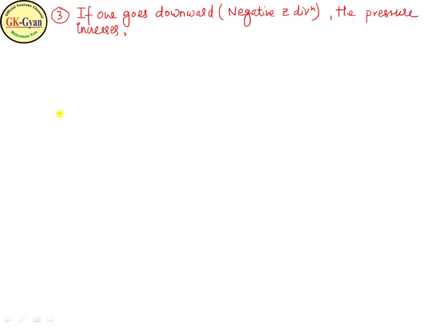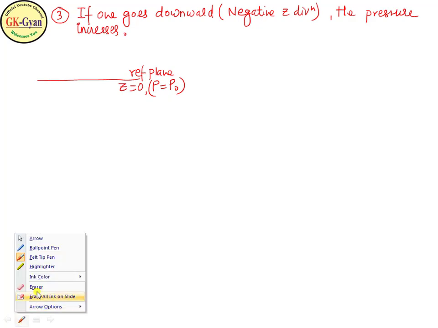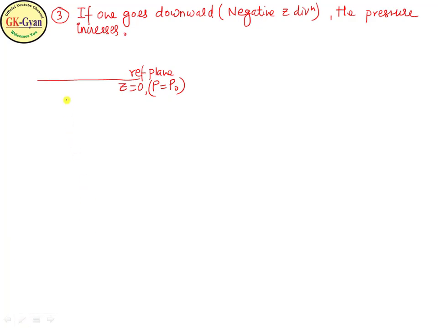Now we see here, take this as the reference plane once again, where z is 0 and the corresponding pressure with respect to the reference plane is P equal to P0 at this point. Now you are moving in the downward direction, the negative z direction. So here z is negative. Let this be point B, and the pressure at this point will be Pb.